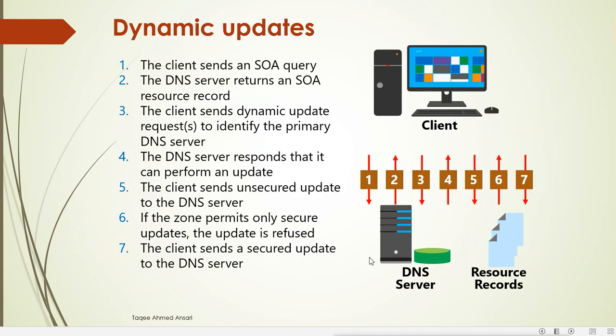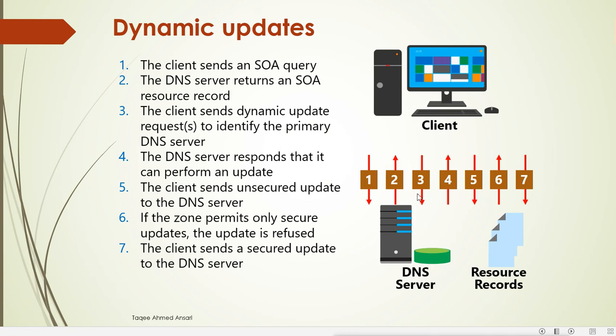Now when the DNS zone is integrated with Active Directory, how does the dynamic update happen? First the client sends an SOA query request in the domain to find out which DNS server is the start of authority in the environment.